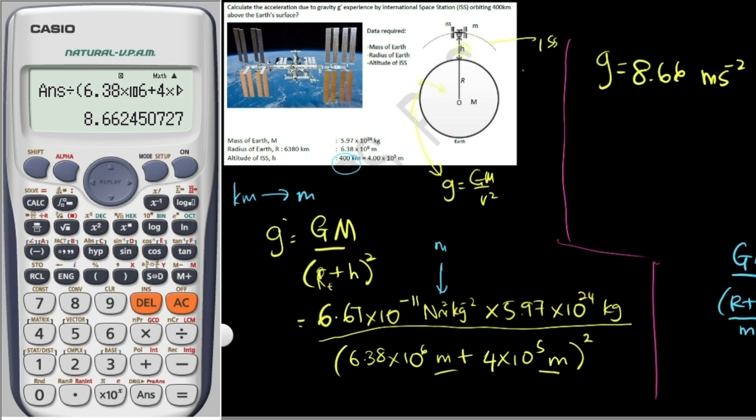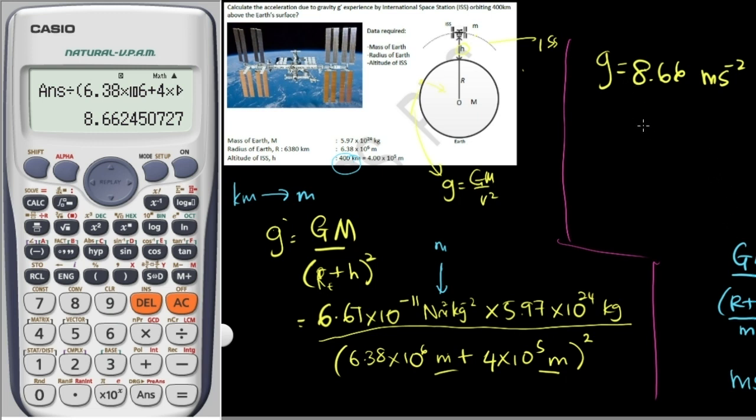Newton converts to kg m s minus 2, so it becomes kg m s minus 2 times kg minus 1. The kg cancels out, and what we are left with is meter per second squared. That is how you can determine the unit for your g.